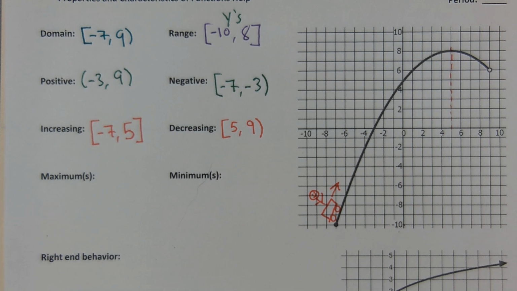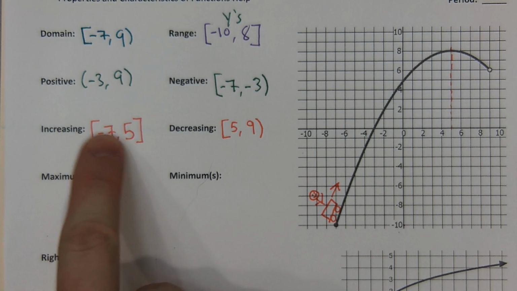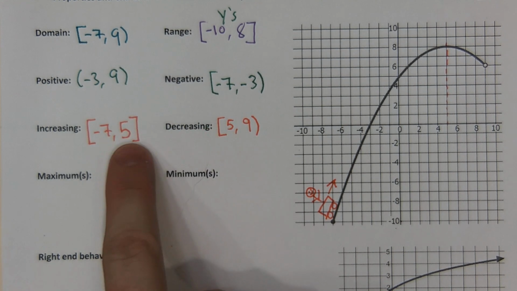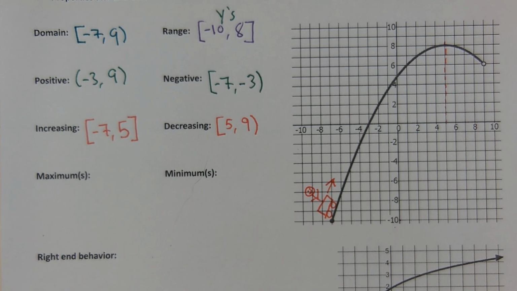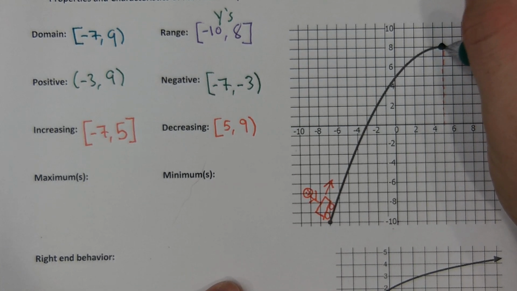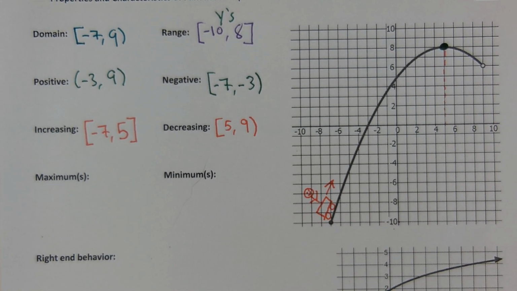Now let's talk about maximums and minimums. Changing between increasing and decreasing is always going to happen at a maximum or a minimum. Notice that this 5 is on both of these intervals. That's because this point right here, let me use a color you can see. This point right here, that's supposed to be green.